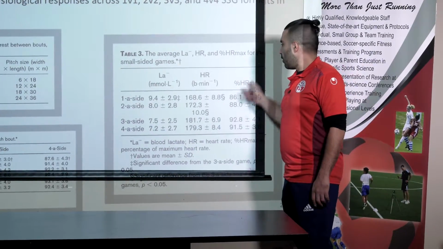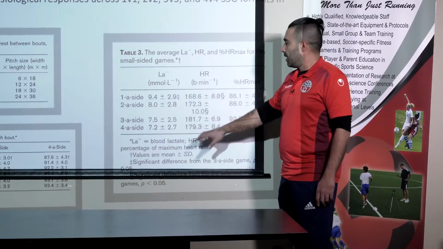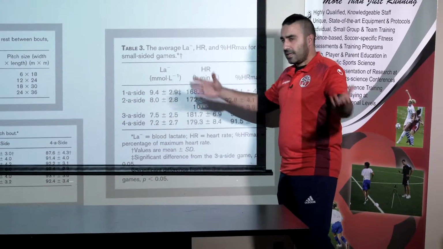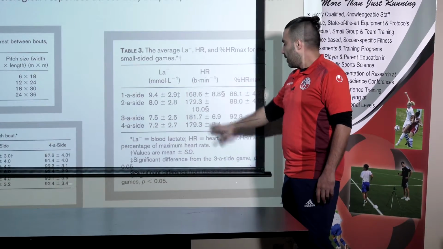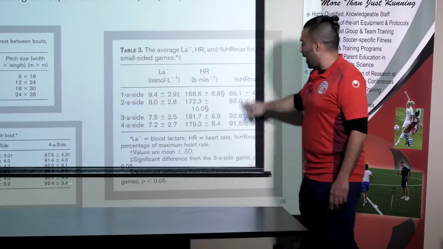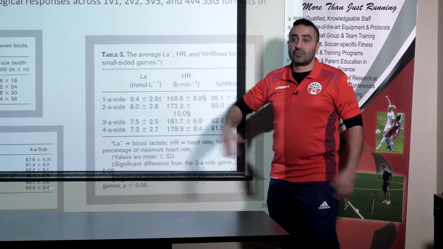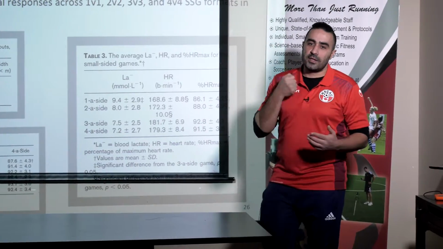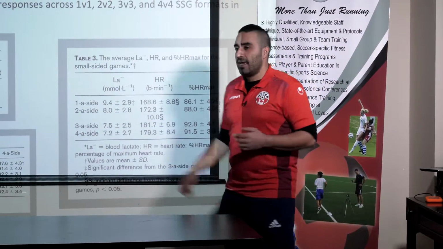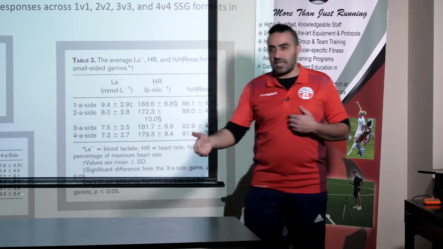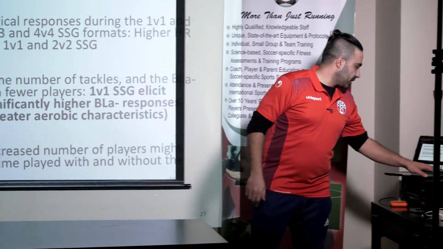But at the end of the day, what we care about are these figures here. Not so much the blood lactate in the environment we're working with, but what we care about is the heart rate max, when we see that the 3v3 and the 4v4 with those bouts really gets that aerobic kind of training that you really want, and actually can be used in season very effectively.